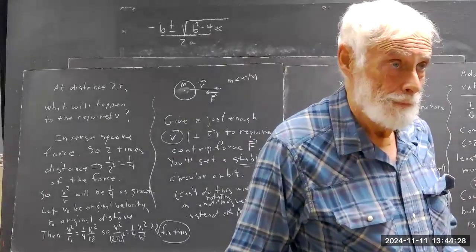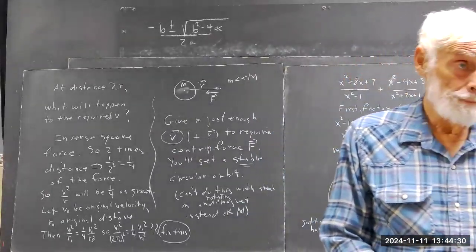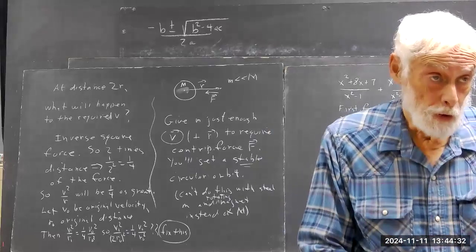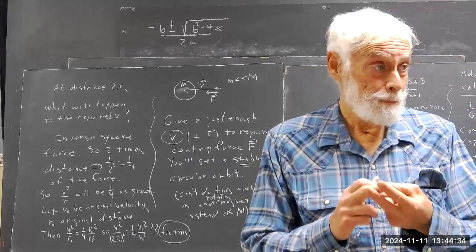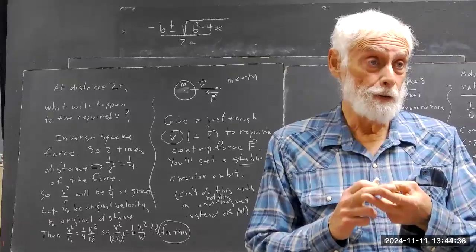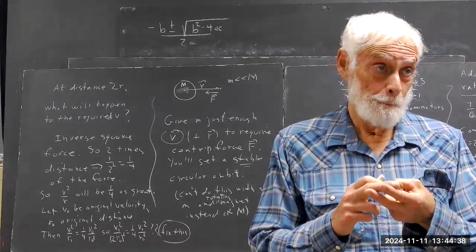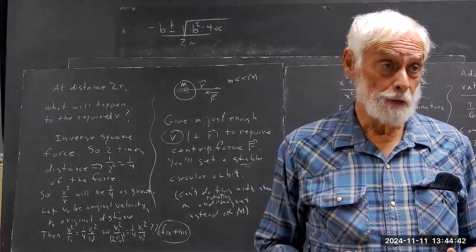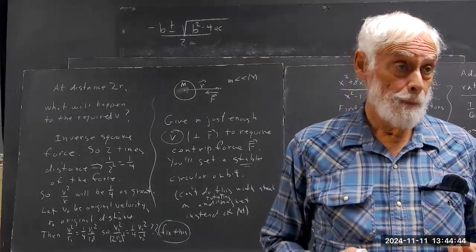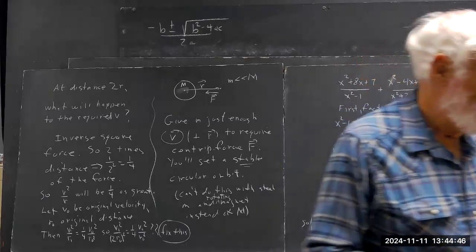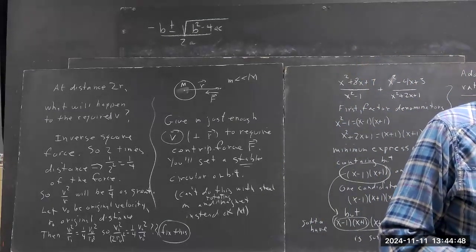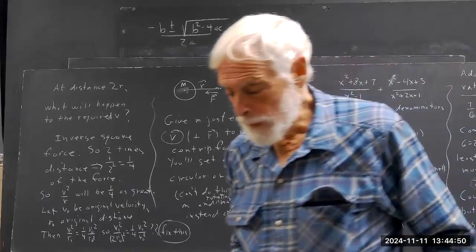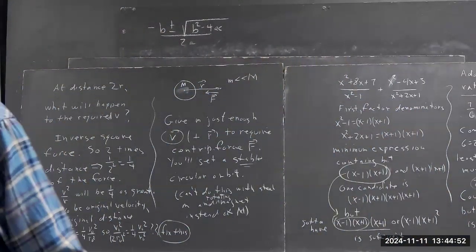The new problems talk about angular momentum. They talk about orbital, well, they talk about gravitation. And then they're going to talk about simple harmonic motion. Talk a little bit about simple harmonic motion.